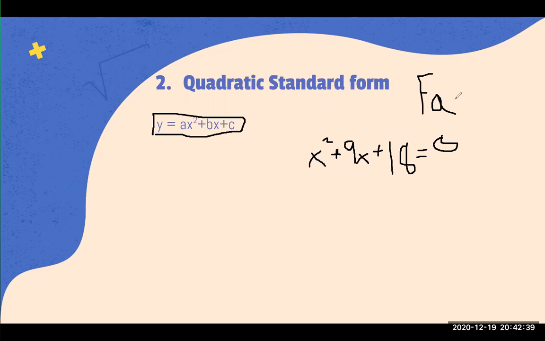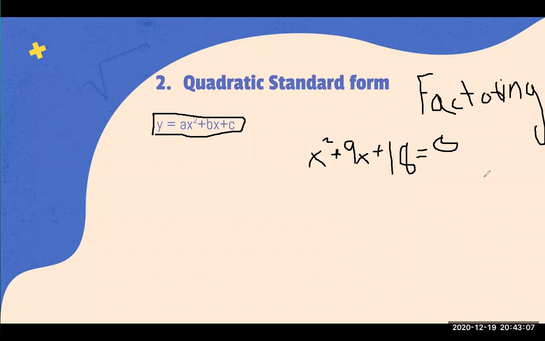I would have shown you a video about it if I had some more time, but since we don't have much time, I'll just explain it to you. Factoring is basically where you factor this into two separate terms.